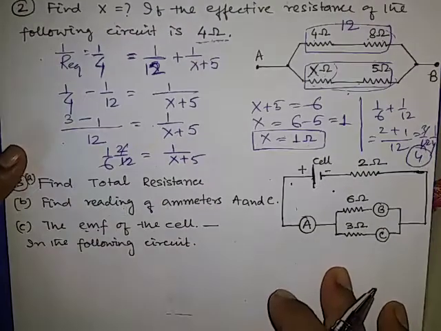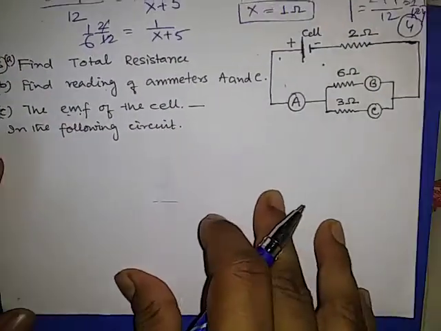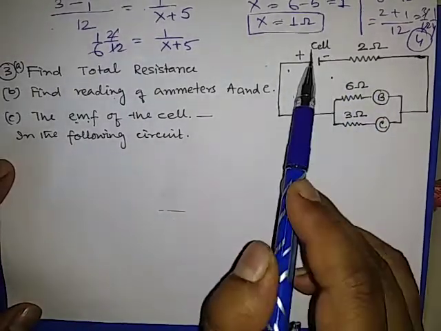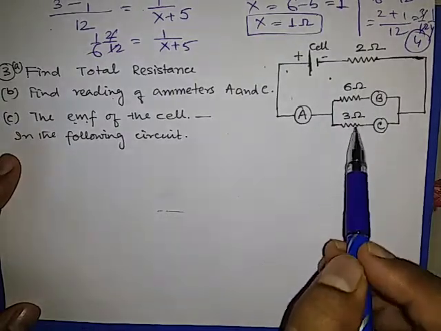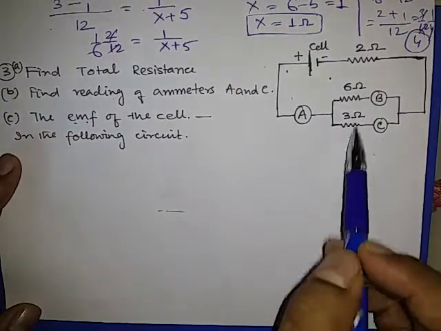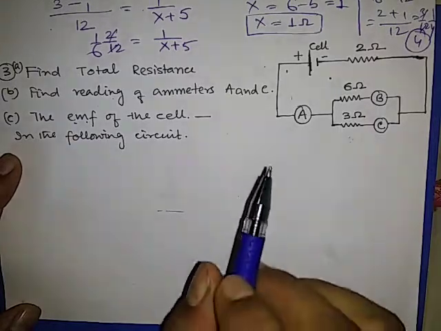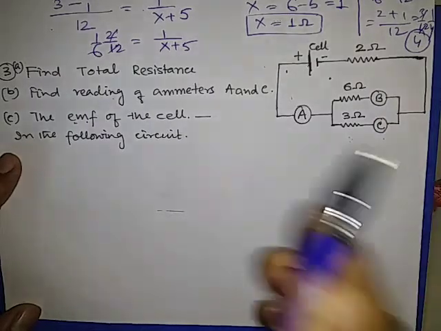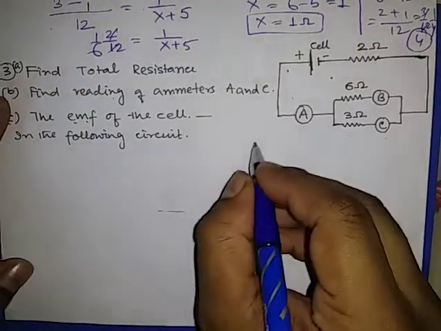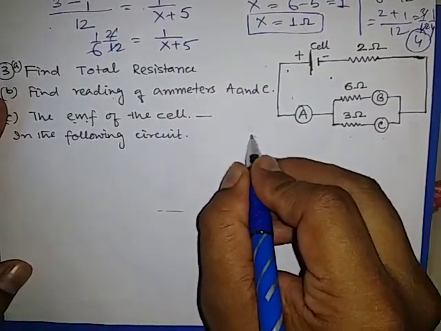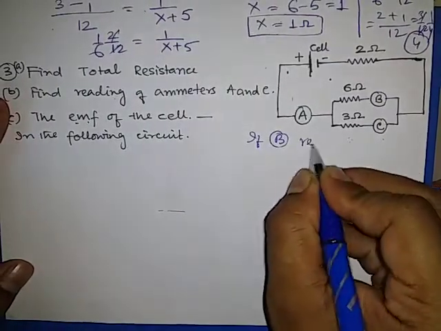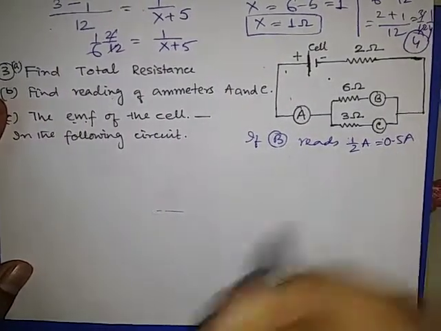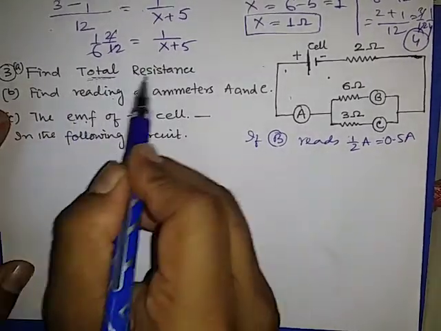Now the next numerical, number 3. See, in this circuit, there is a cell, there is a 2 ohm resistor, and two resistors connected in parallel, 6 and 3, and there are 3 ammeters: ammeter A, ammeter B, ammeter C. Now, ammeter B reads half ampere current, that is 0.5 ampere, then find the total resistance.